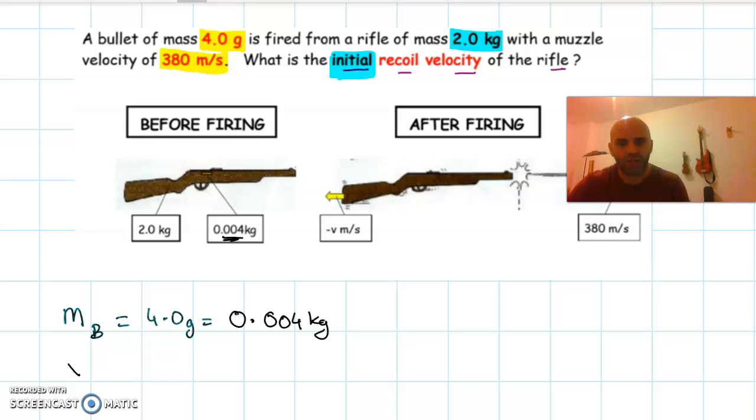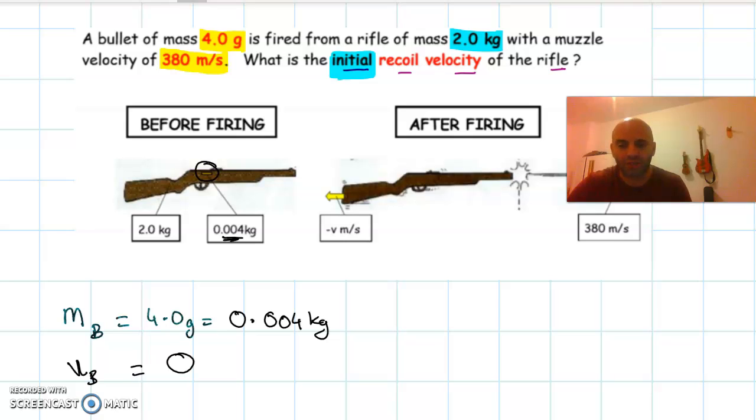We know that the initial velocity of the bullet, u, is going to be 0, because before the gun is fired, it's obviously not moving. The bullet is not moving. You can see it right here at the top in the picture if you look closely.